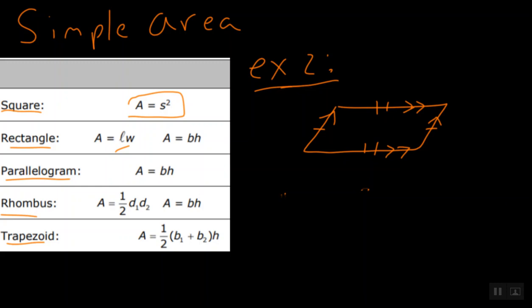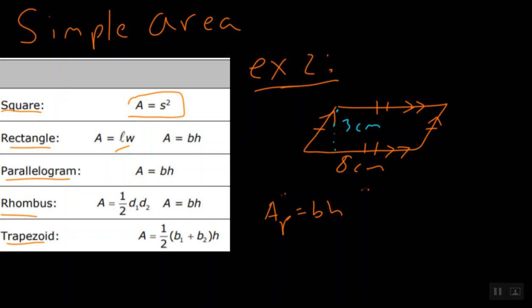Well, the formula for the area of a parallelogram is going to equal the base times the height. So here, let's say we had a base of 8 centimeters, and a height of 3 centimeters. You can almost think of the height as like an altitude.